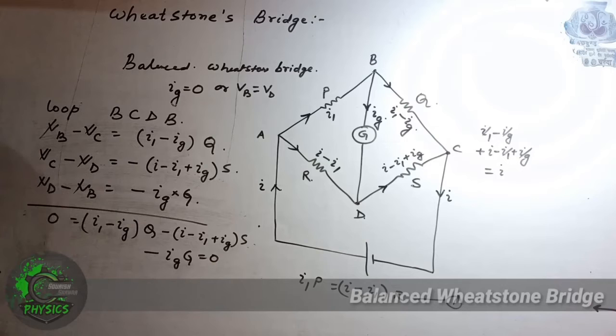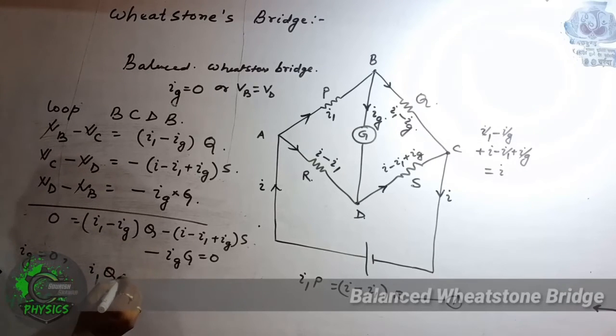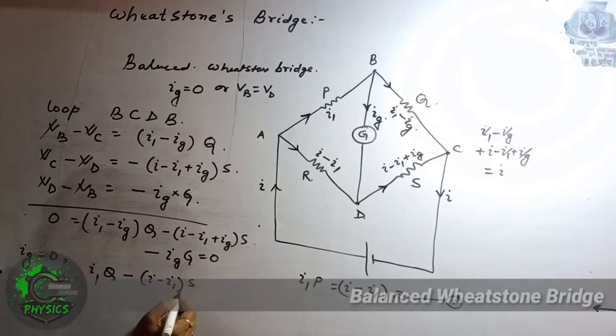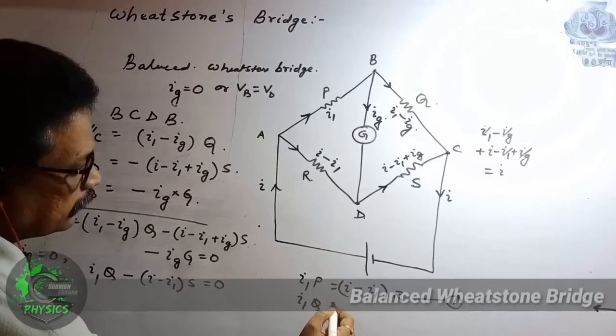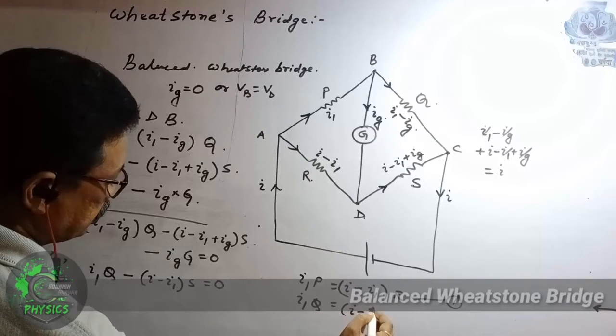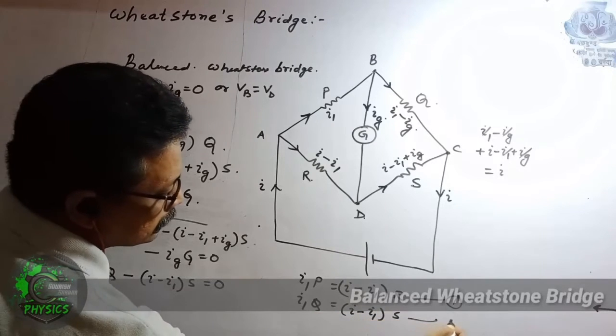Now, for a balanced Wheatstone bridge, we know Ig equals 0. If we put Ig equal to 0, then we get I1Q minus I minus I1 into S equals 0. That results in I1Q equals I minus I1 into S. This is equation 2.